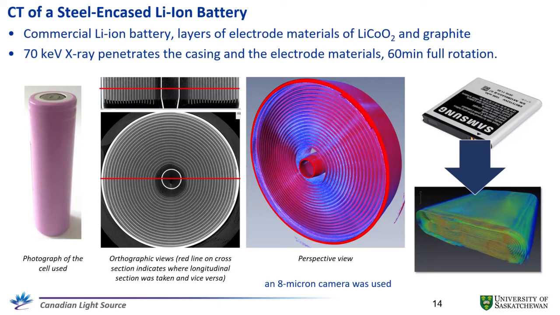So people want to know why, and we use synchrotron CT to look through this battery without destroying the case. And we can even look at the batteries in situ, because you don't need to destruct this battery to look inside. You can charge or discharge the battery while you're taking the data, and see when it fails, why it fails.